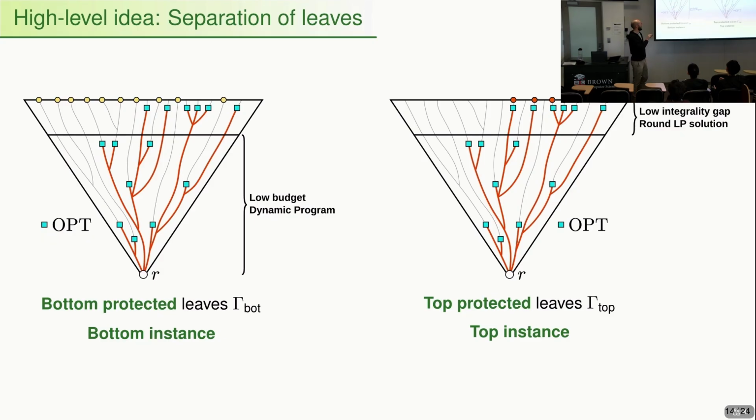And on the left-hand side, we can solve the problem by just using a simple dynamic program. I don't have time to go into too much detail here, but essentially, in the dynamic program, you have to store all the states that you have, and you have one state for each budget vector that you used for your partial solution. And if the total budget is small, then you can do this efficiently. And we know the budgets increase exponentially, so if we have a certain threshold height, log L would actually be enough, so that we can do this efficiently here.